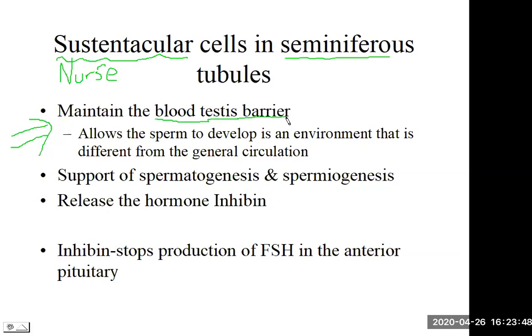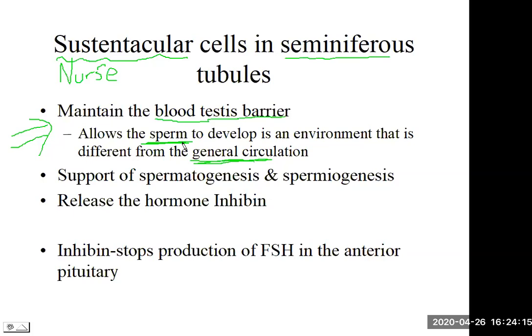And the blood testis barrier, you want to think back to the blood-brain barrier as a good comparison. Well, in this case, there are multiple factors in our bloodstream, especially our antibodies, that would be harmful to sperm production. And a major reason for this is, again, mature sperm cells are not produced until after a male reaches puberty.